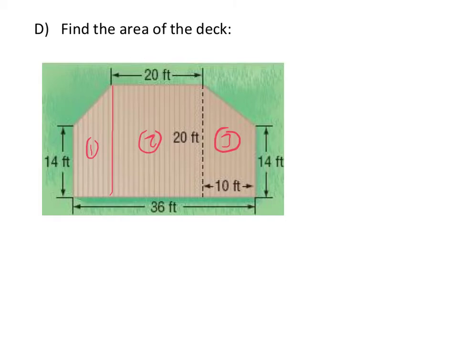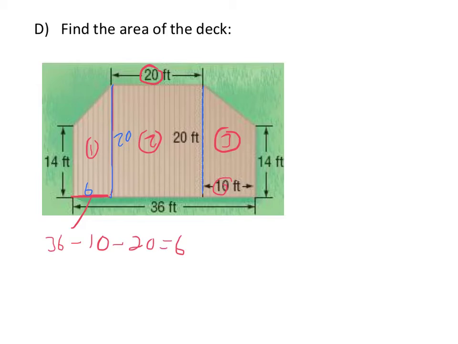The length of the one piece we're missing here is the length from here to here, which we would find by taking 36 minus 10 minus 20, and that would give us 6. Another missing piece would be this length right here, but that's the same as the height of the other side right here, so that's easy to find.